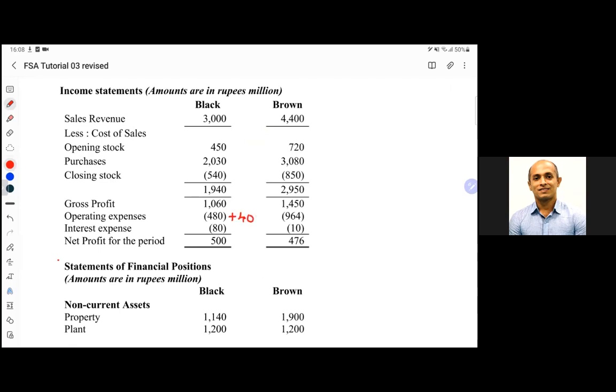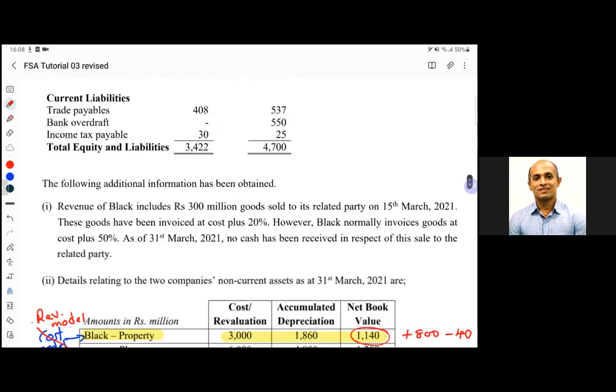Now you see expenses are given in negative value. Then to increase the expense value, you say minus 40. Then expenses increases, asset value decreases.